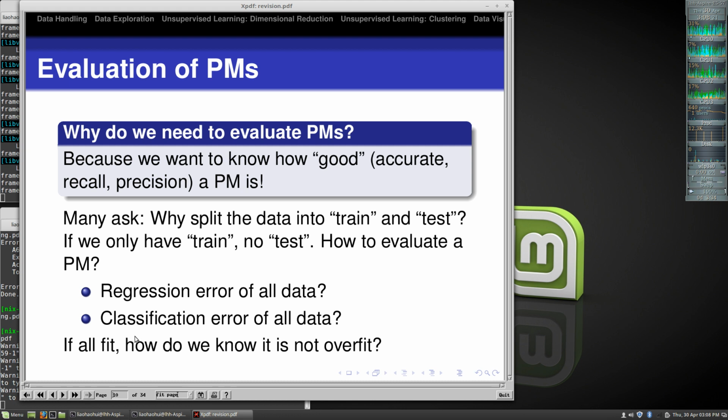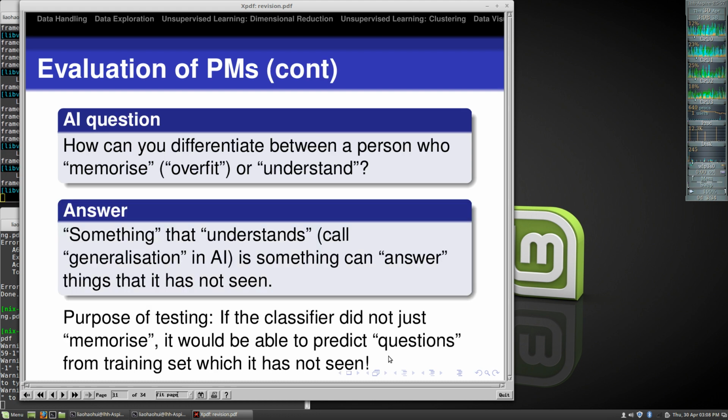So if we have nearly zero classification errors, how do we know that it's not overfitting? What do we mean by overfitting? I would treat overfitting as something like memorizing.